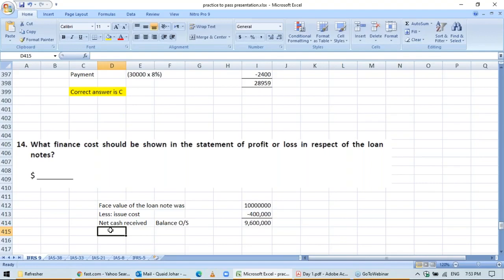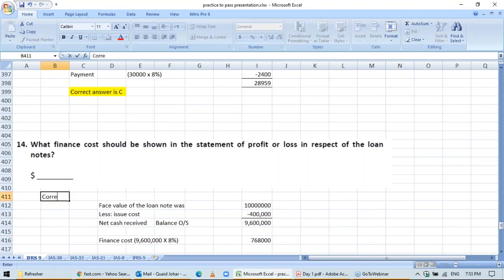So the financial charges, as I said, are 9.6 million multiplied by the effective rate. The effective rate of interest is 8%. This gives you 768,000, which is the correct answer.